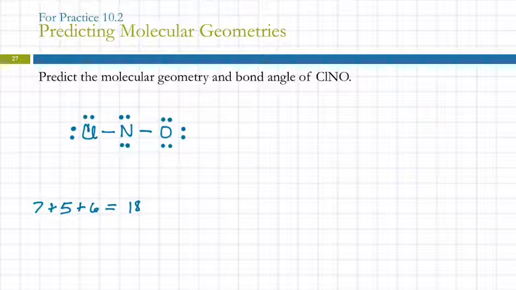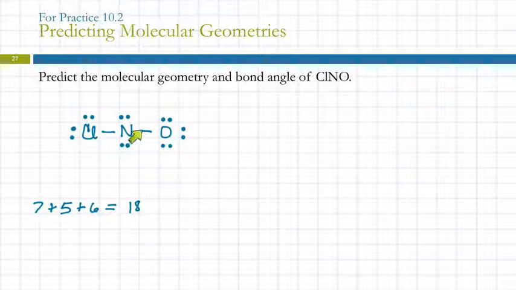So I need to make a double bond. And we can get this right without actually going into formal charges. How many bonds does oxygen like to have? 2. How many bonds does nitrogen like to have? 3. And how about chlorine? 1.